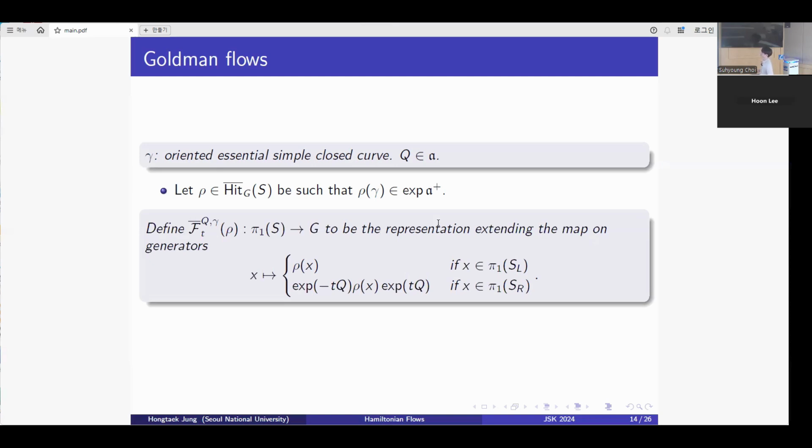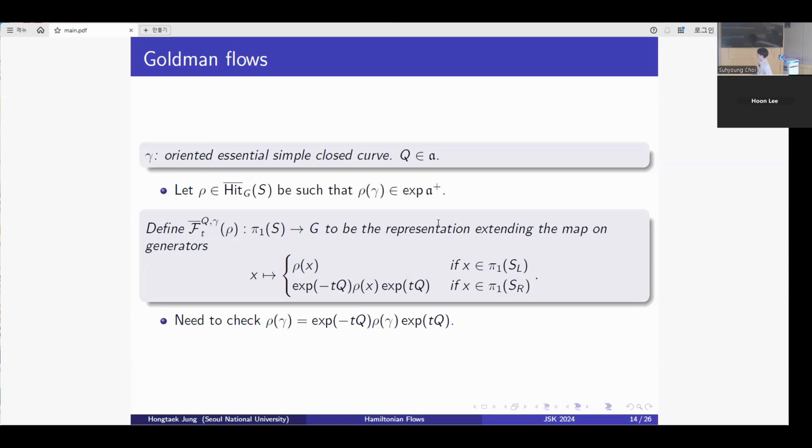Your fundamental group is decomposed as an amalgamated product. So in order to define a new representation, you just tell how your generators go, and this map satisfies the extra amalgam relations.